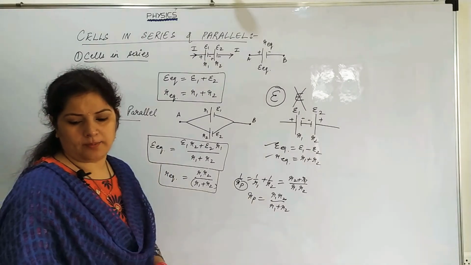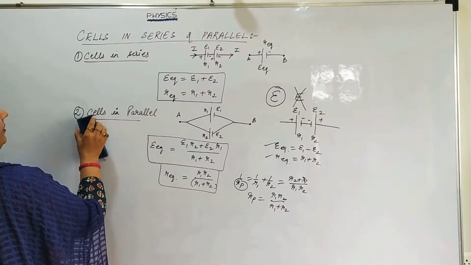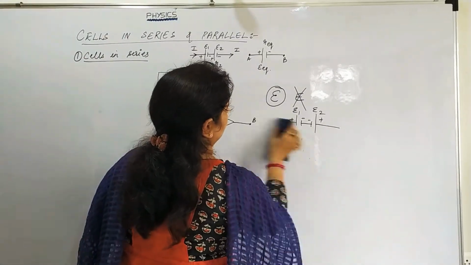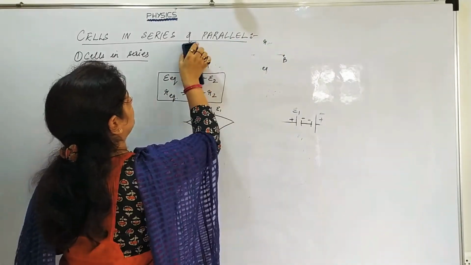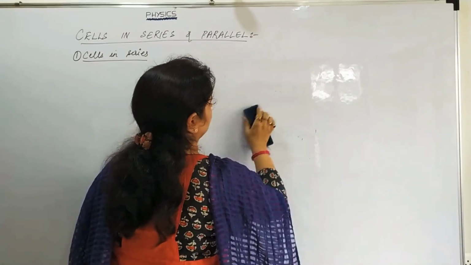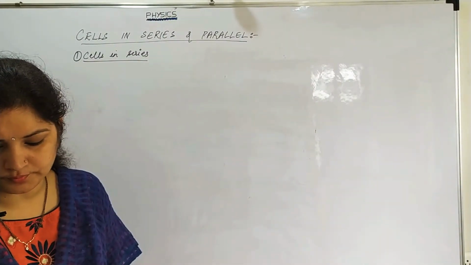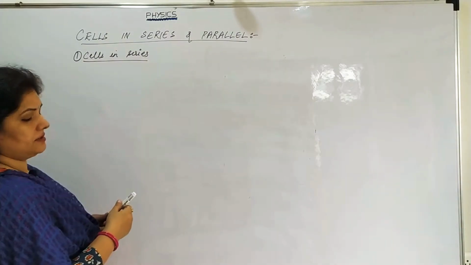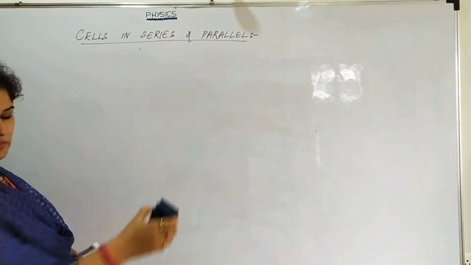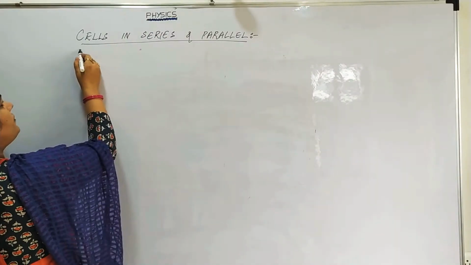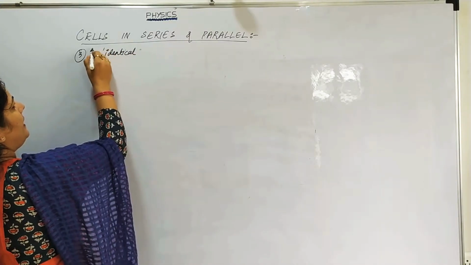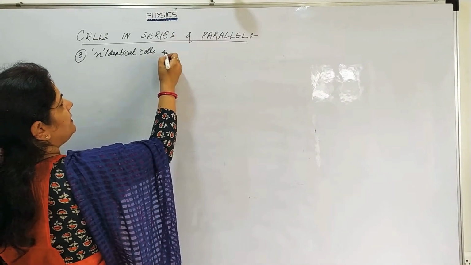Now coming to the third type. Now we are talking about n identical cells in series.